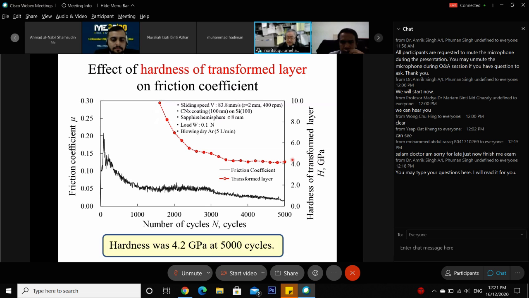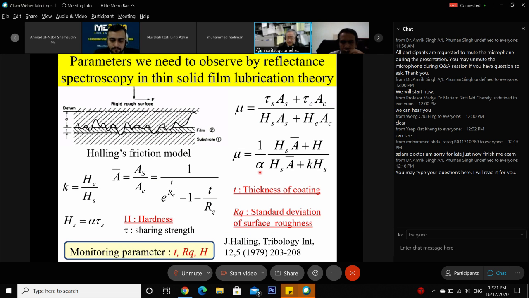On the basis of such results, we used Holm's method, a friction model developed for solid film lubrication. Using this method, we detect the hardness of the soft film, the roughness of the topmost layer, and the thickness of the coating.